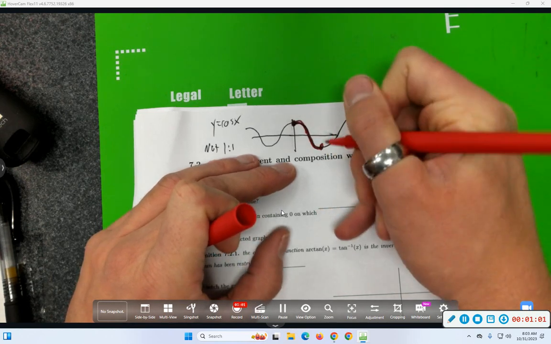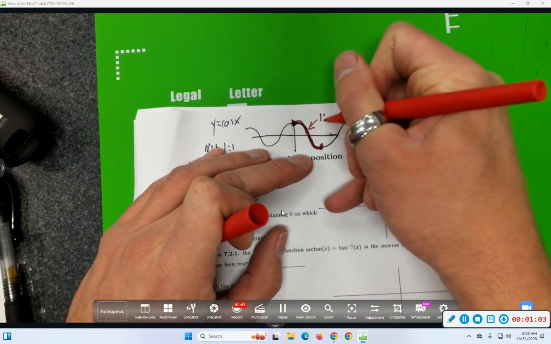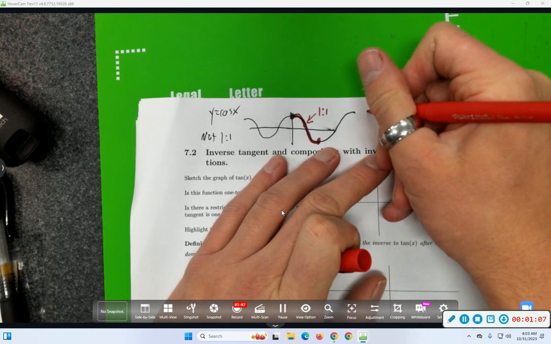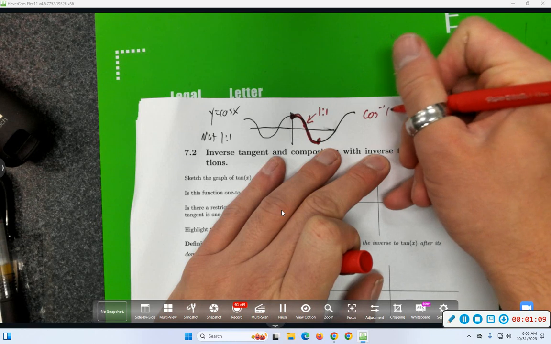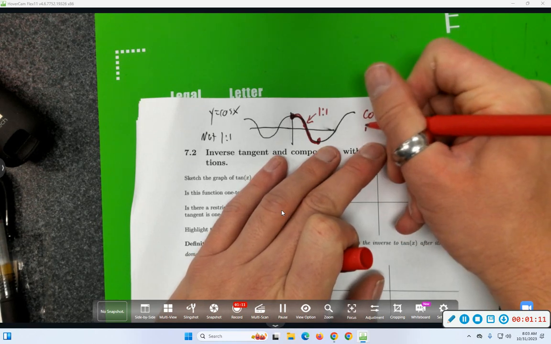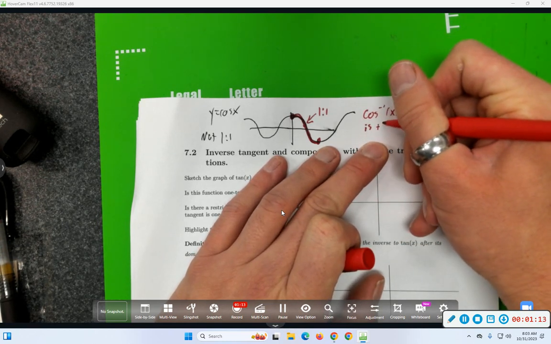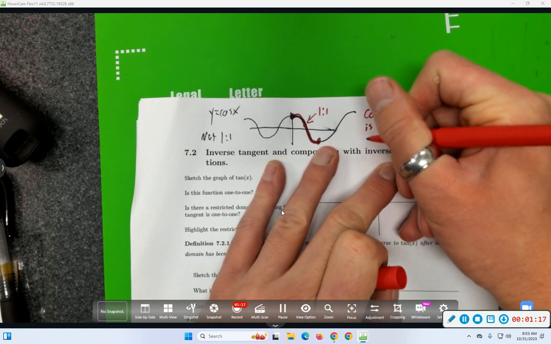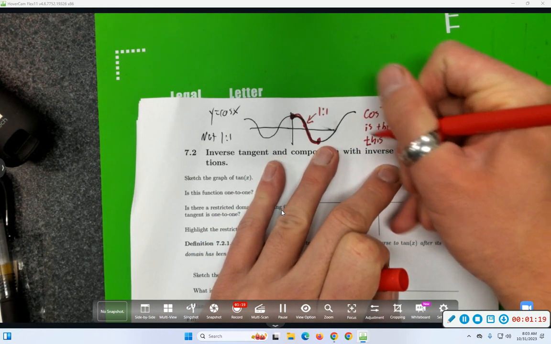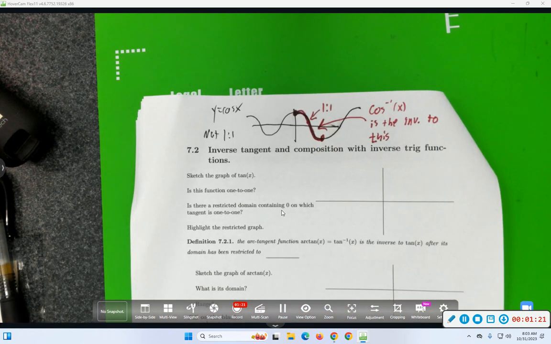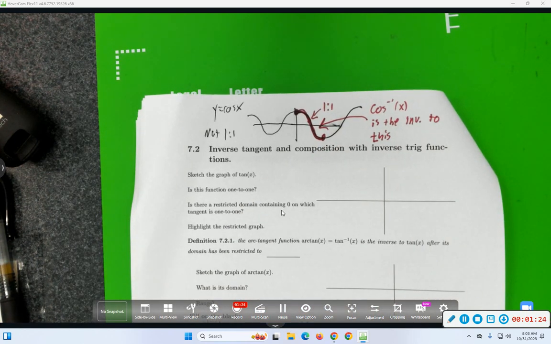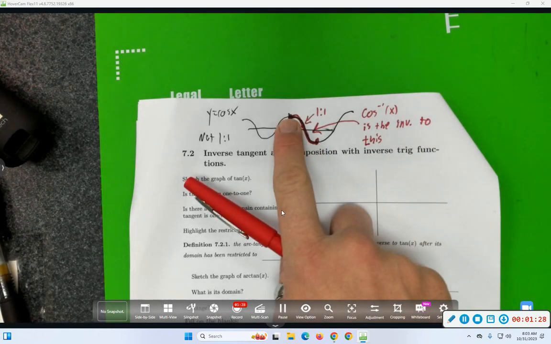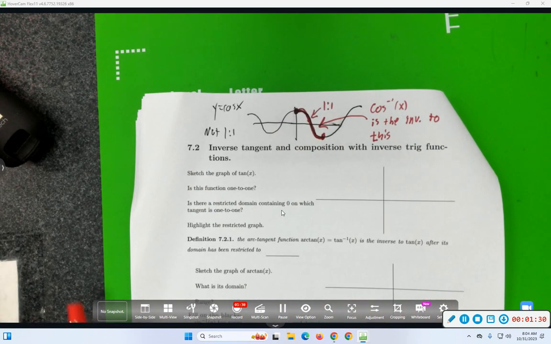And there you go. If you only see that red bit, this is, however, one-to-one. It has an inverse function. Inverse cosine is the inverse to that little red stretch. So that just means it records the angle whose cosine is x, which happens to live between 0 and pi.